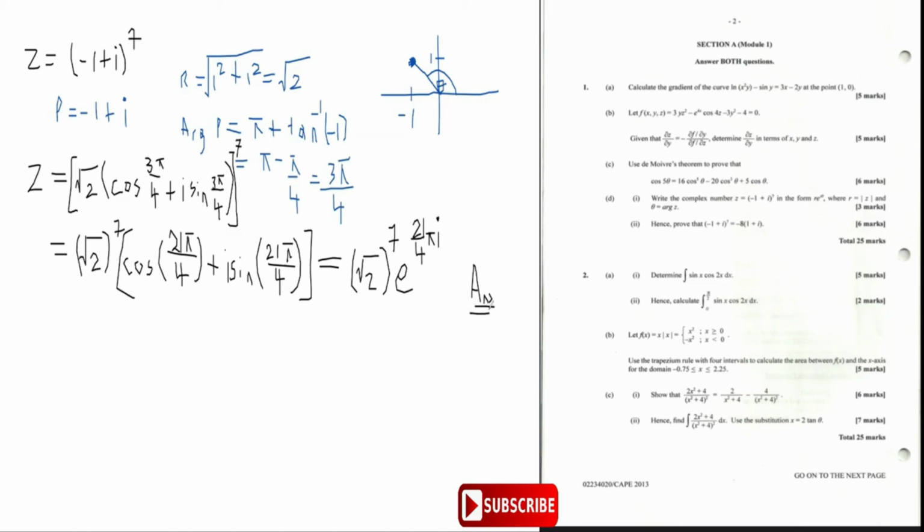Part 2 says, hence, prove that minus 1 plus i raised to the 7th power is equal to minus 8 into 1 plus i. So, using this, prove that this is equal to minus 8 into 1 plus i.